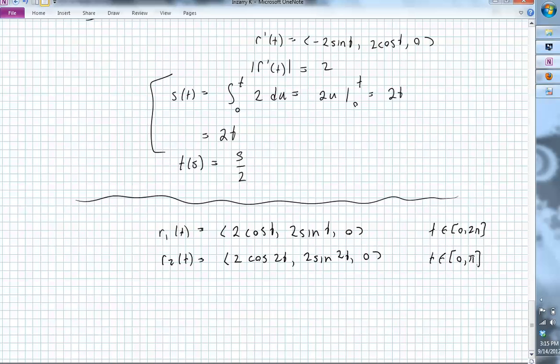R prime here, we've done it several times, is going to be different from R prime here, right? Why is the derivative of this going to be different than the derivative of this? The chain rule is going to introduce a factor of 2 everywhere, right? And so there's something fundamentally different about these two, even though they trace out the same shape.